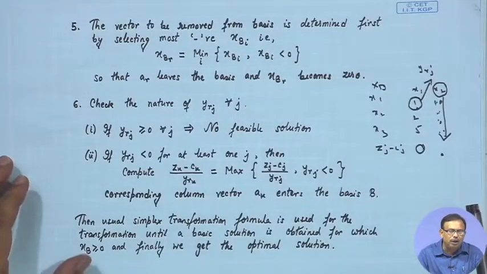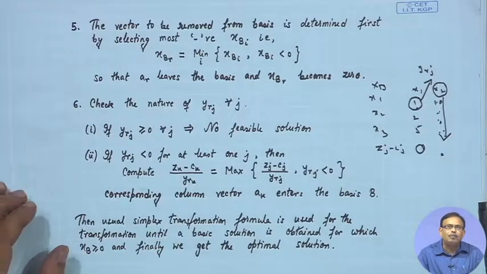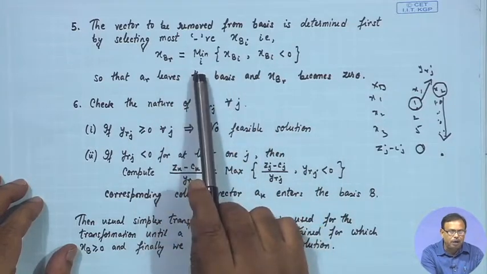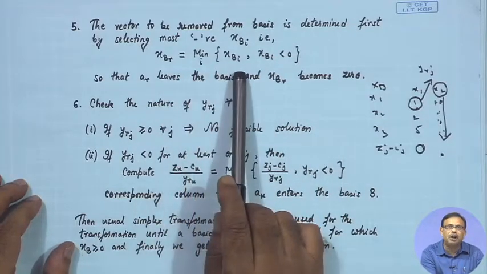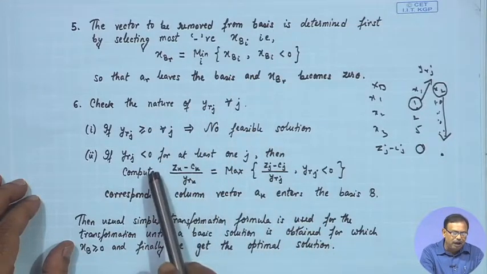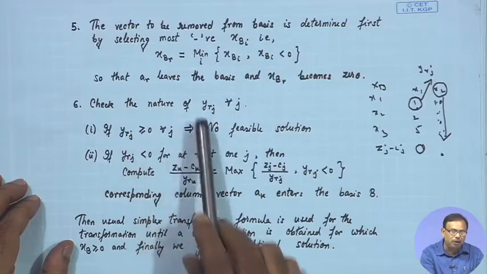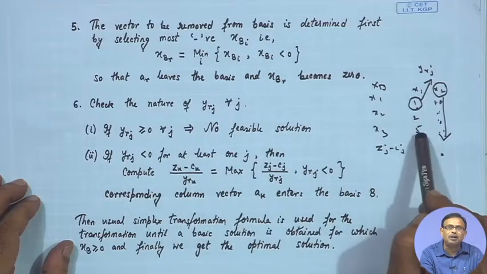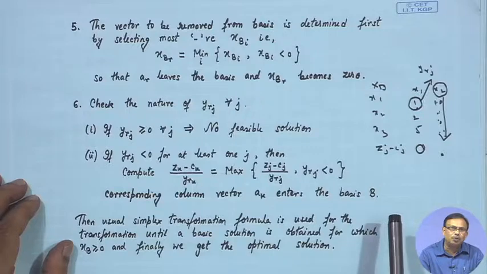First you have to check the departing variable, which we calculate by x b r equals minimum of x b i. Then if a r leaves the basis, I will check the y r j values in the corresponding row. If all y r j are greater than or equal to 0, then the problem will have no solution.